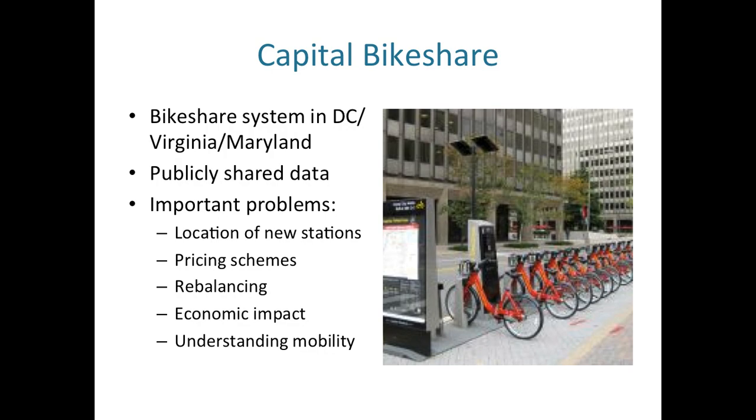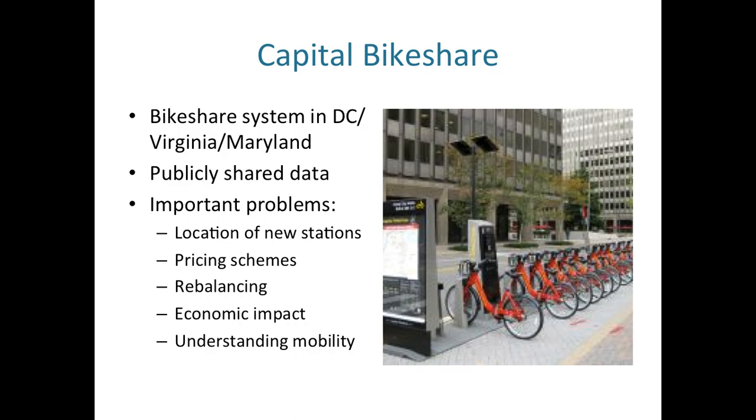There's a lot of problems that can be tackled with this type of data sets. So there's people looking into where new locations should be put. There's people looking into pricing schemes. And basically, this Bikeshare system, as many others in the world, has different types of affiliations. So you have rates for tourists, you have rates for users that use it on an almost daily or weekly basis for commuting.